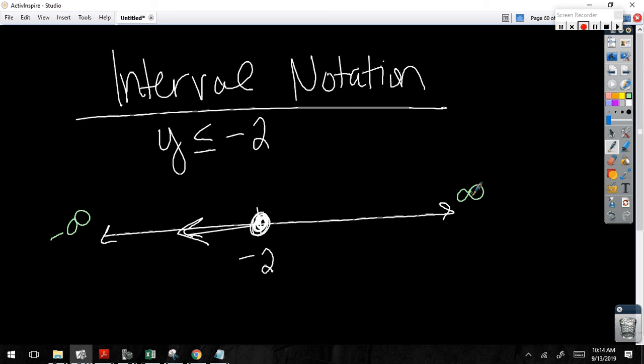I'm also going to tell you that should you see less than or equal to or greater than or equal to, so if I'm talking inclusive, I want you to think bracket. But if you see exclusive, I want you to think parenthesis.